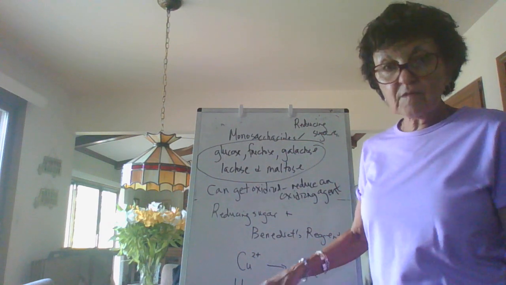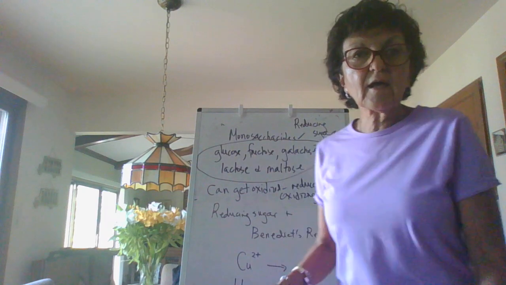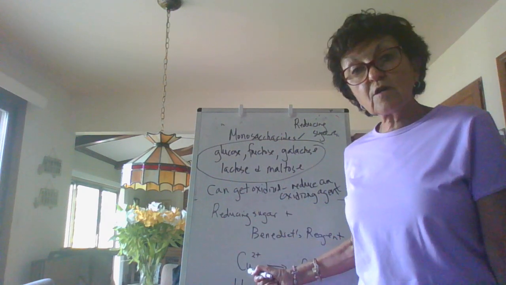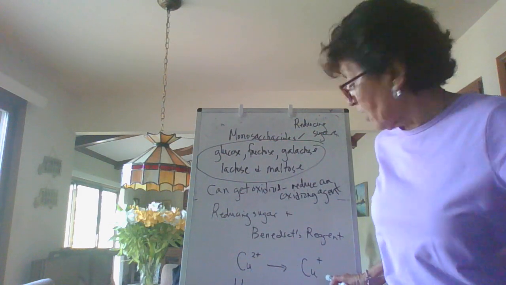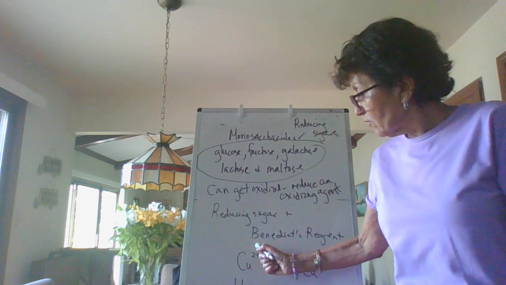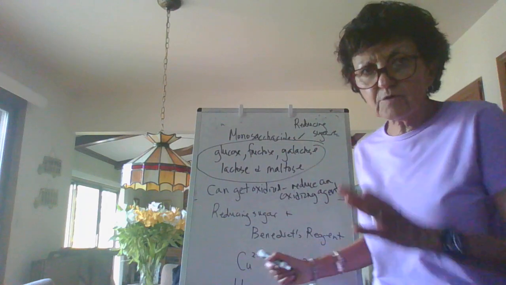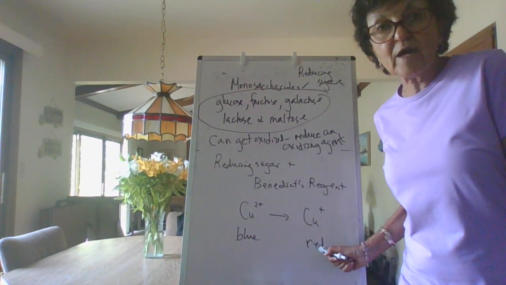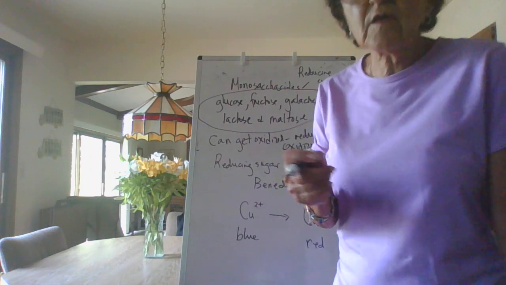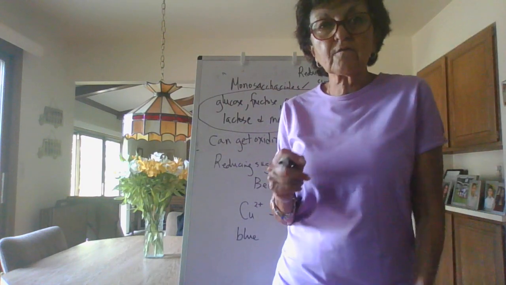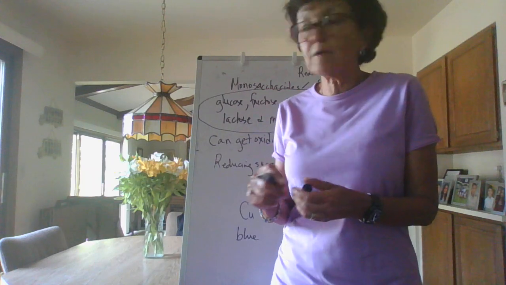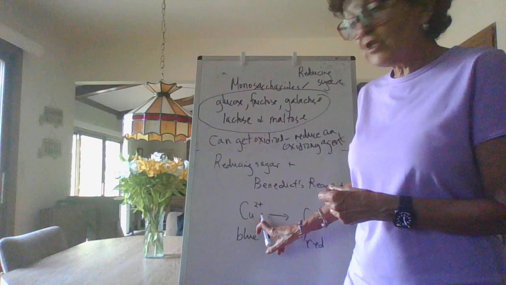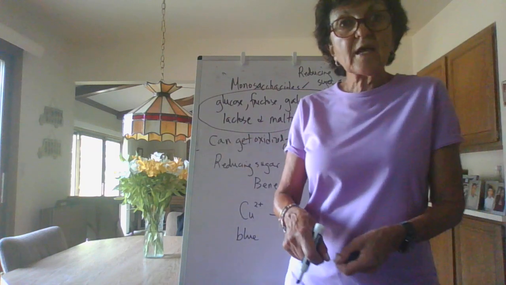When they take a sample of the urine, if there's glucose in the urine, it will reduce this copper +2 and turn it into copper +1. So this is a reduction of the oxidation number. Don't worry about those details. But the copper +1 changes color. It's a red color. So this is what they used to do as a urine test for diabetes. They would put Benedict's reagent, which has this copper, in a sample of urine.